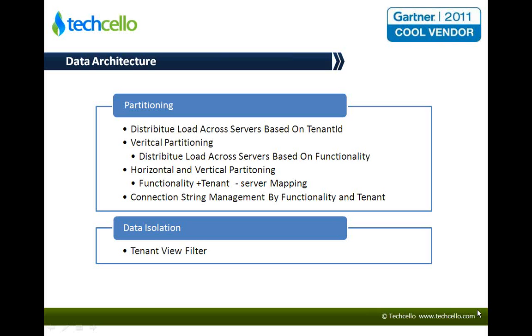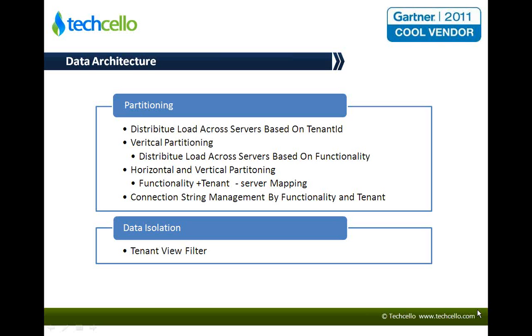That's number one. Now you might also support vertical partitioning. Vertical partitioning is splitting your databases by functionality rather than by rows, right? So if you have 4 modules, and if you expect a lot of transactions for, say, one module, you might keep that one module's data separate in another database.